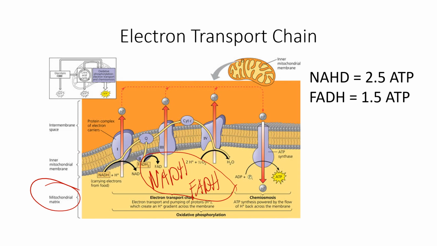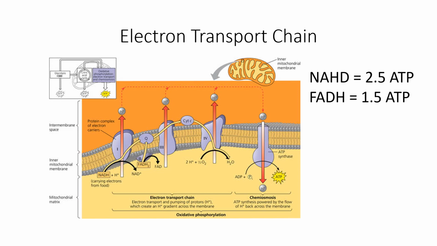Okay, so all of that NADH as well as a little bit of FADH that we created through the breakdown of this glucose molecule is within the matrix. Right, so we've got all this NADH and FADH, not as much FADH that's in the matrix, and it's all going to go to the electron transport chain.